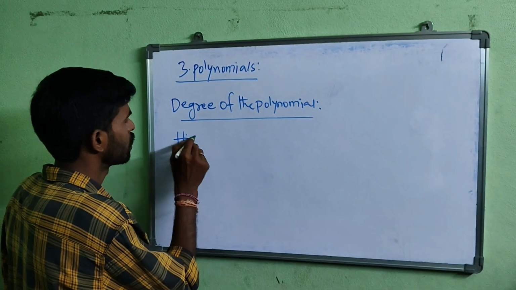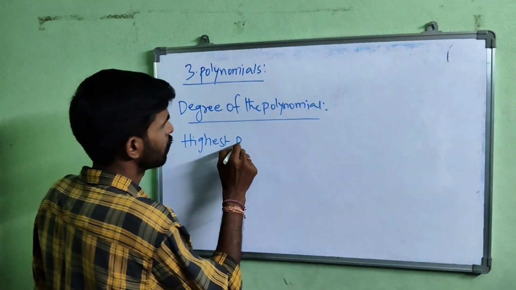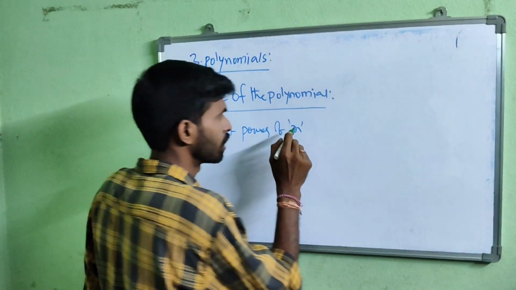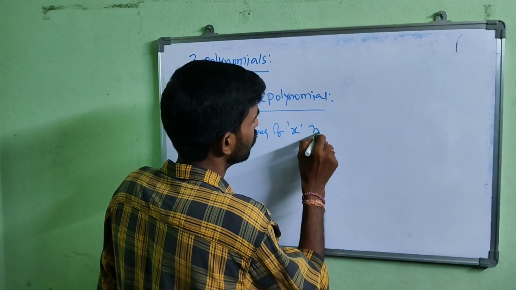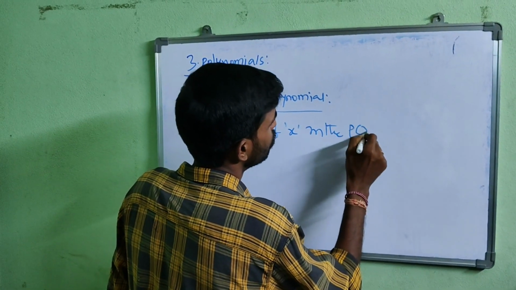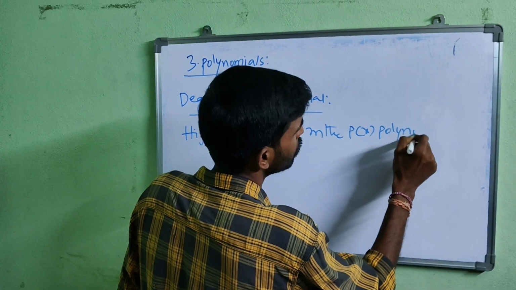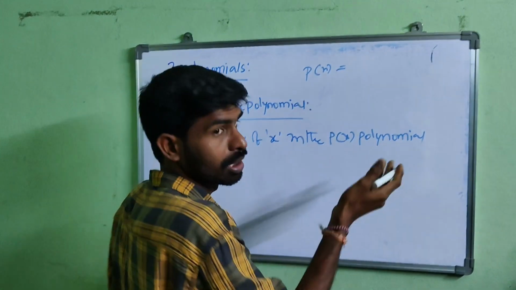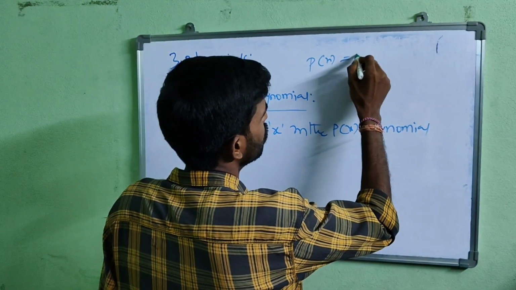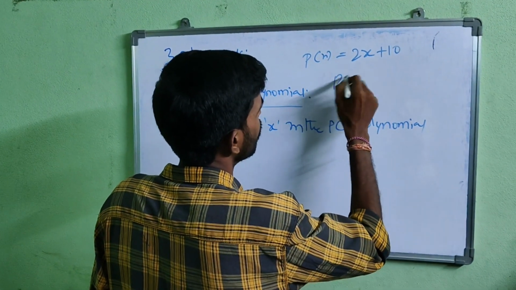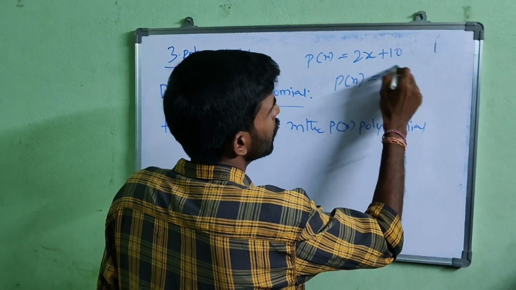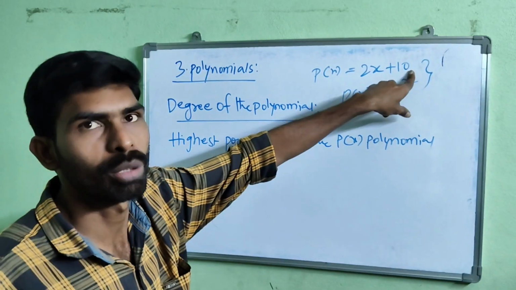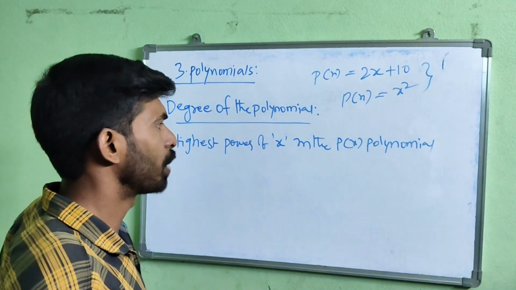Okay, what is the highest power of x in the polynomial P of x? For example, P of x, just minutes back, 2x plus 10 is there. Another equation, P of x equal to x square, is there. These two are polynomials, right? P of x is the complete polynomial equation. This is also a complete polynomial equation.